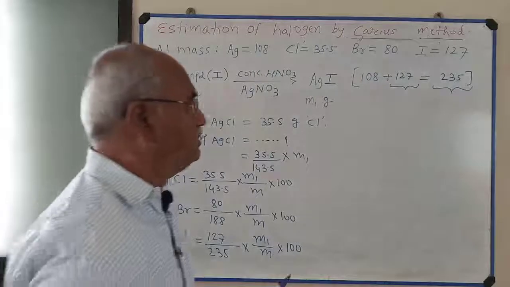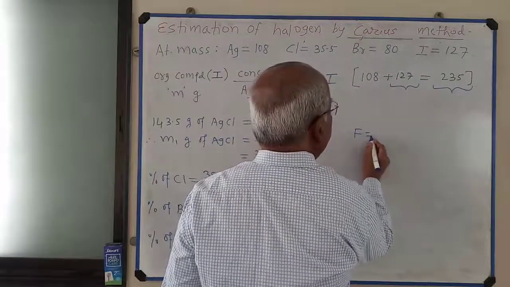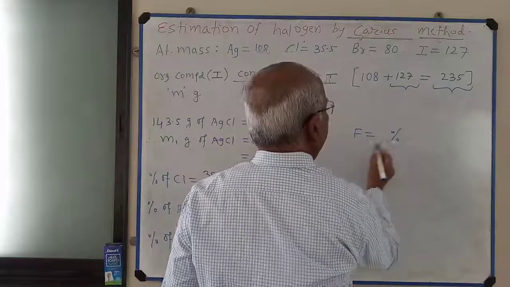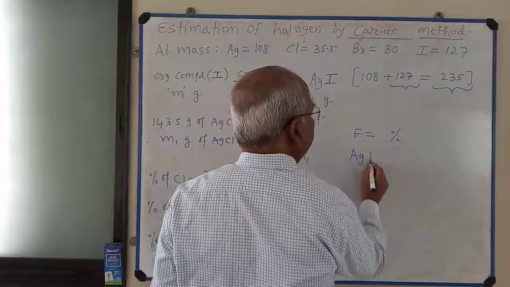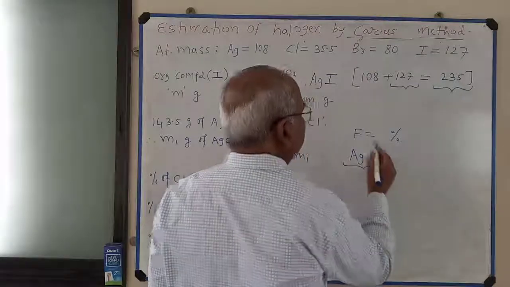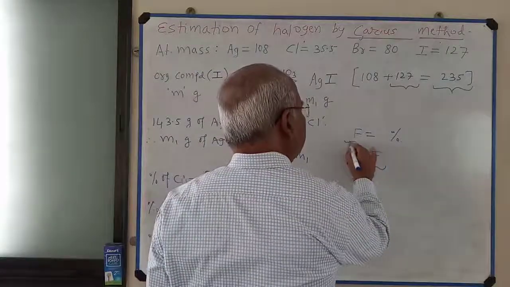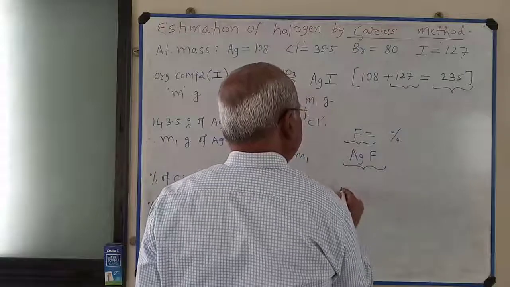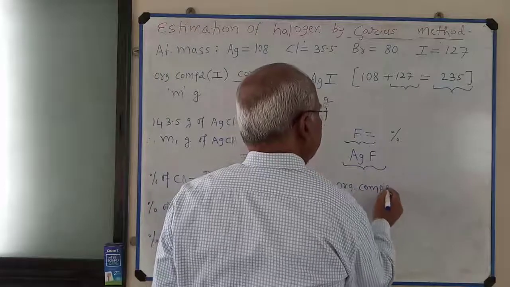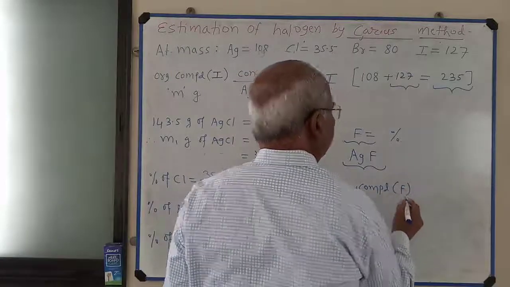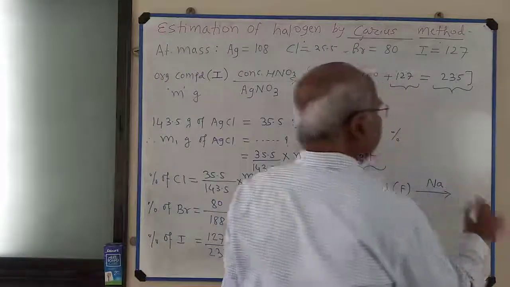By using this method, we cannot estimate the percentage of fluorine, because silver fluoride formed is water soluble. So for estimation of fluorine, the organic compound containing fluorine is heated with sodium metal.